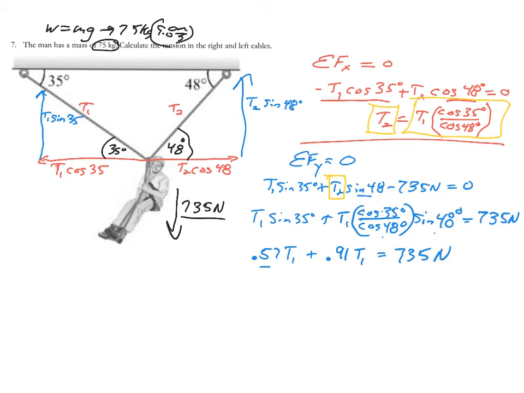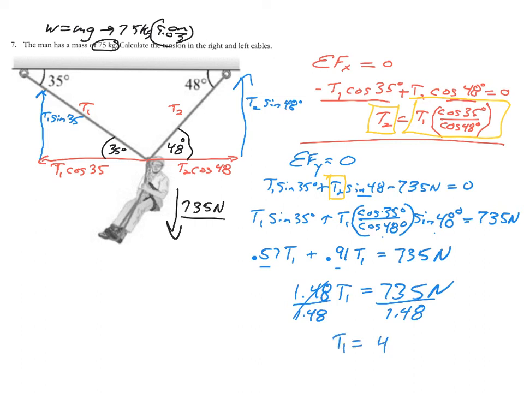I'm going to add these two together, 0.57 plus 0.91, and I get 1.48 T1 equals 735 newtons. Let's divide both sides by 1.48. So my 735 divided by answer, it's already in my calculator.